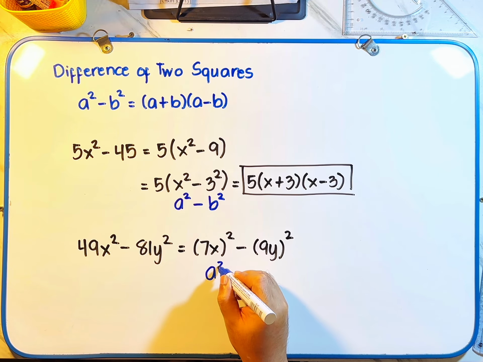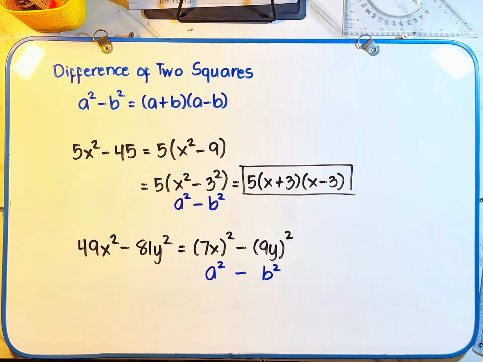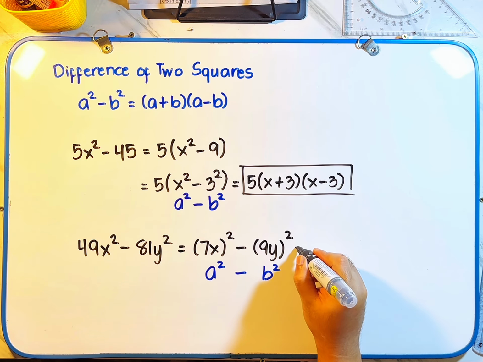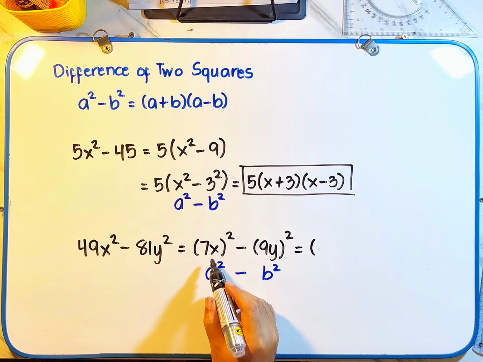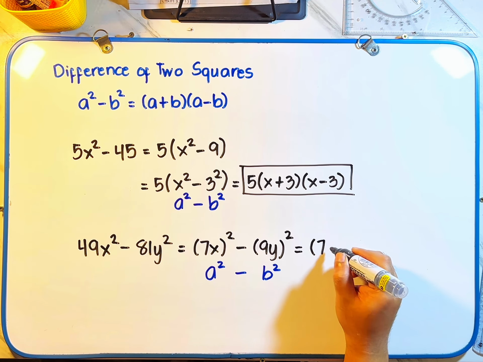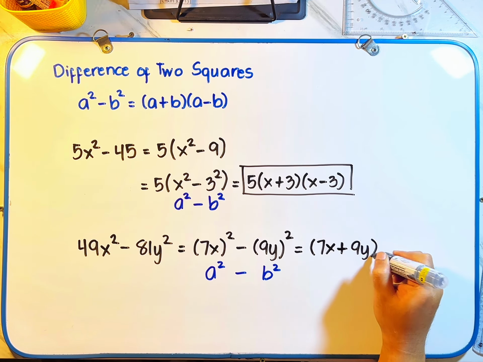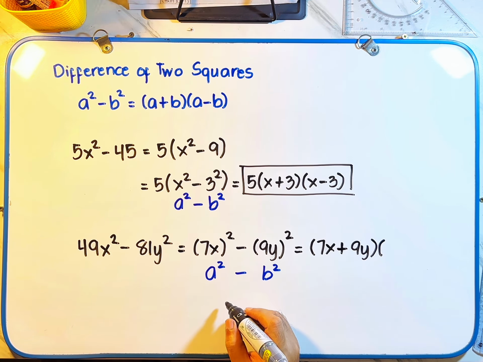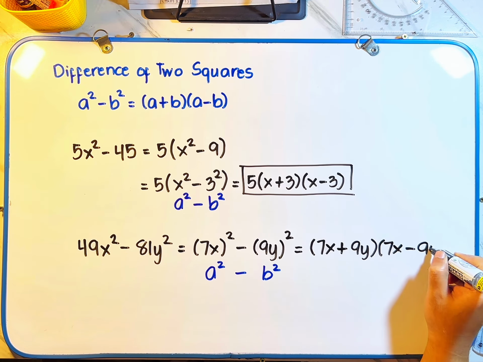So this is in the form of a squared minus b squared. And following the formula above, the factored form is equal to a plus b times a minus b. A is 7x, b is 9y. So a plus b, so 7x plus 9y times a minus b, 7x minus 9y.